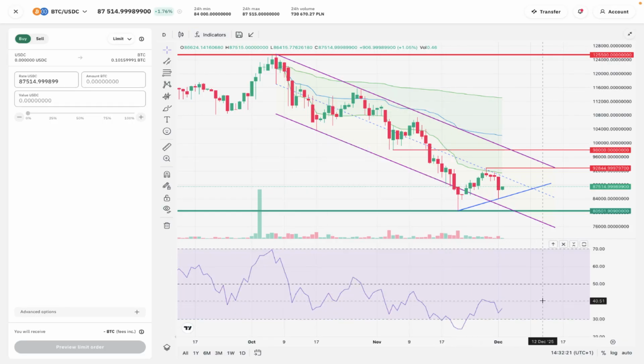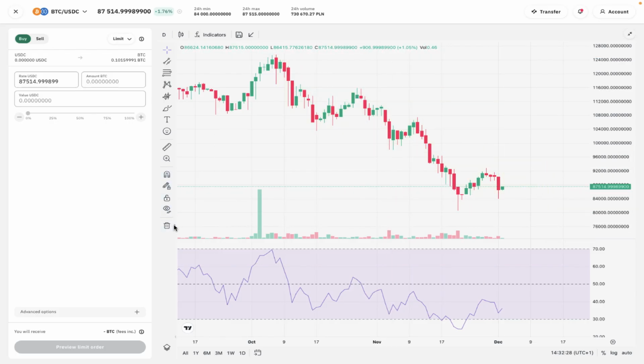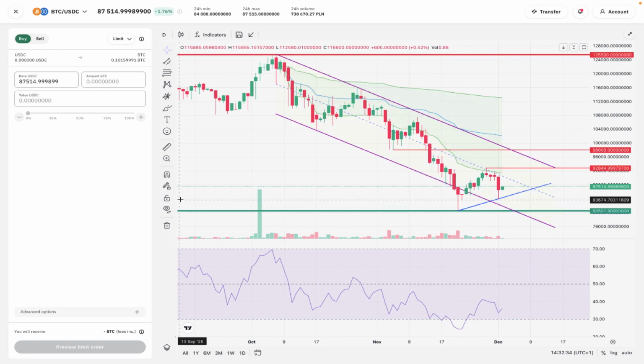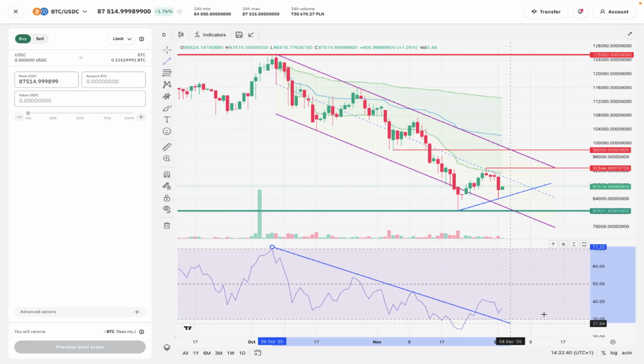RSI is looking bearish, unfortunately. I thought that maybe, just maybe, it's going to be a little bit better than the usual one. Nevertheless, it looks like this one is rather bearish, and yes, I wanted to apply my trend line because I think that might be some kind of a breakout.